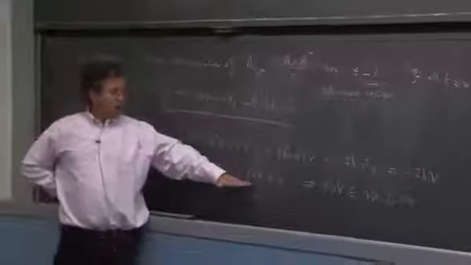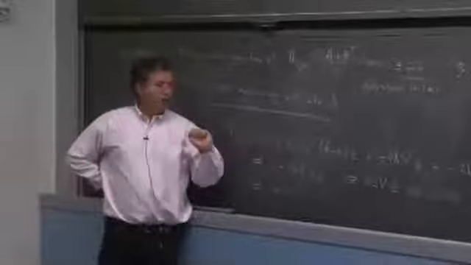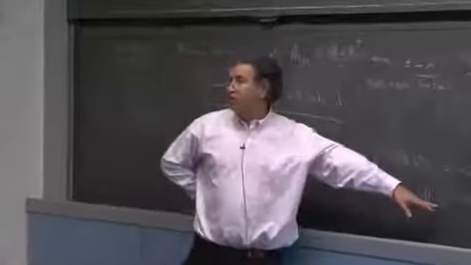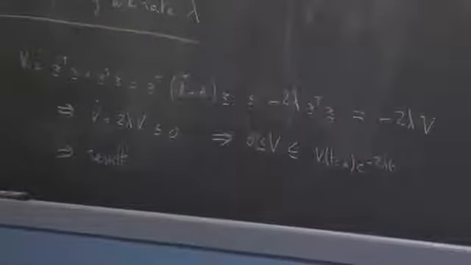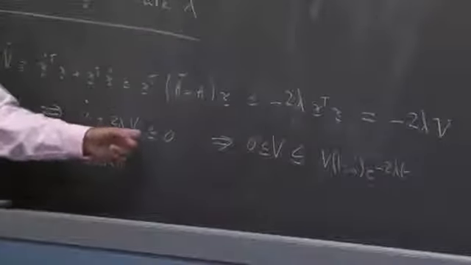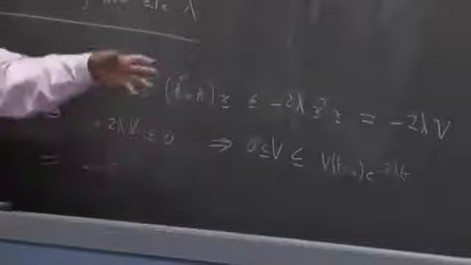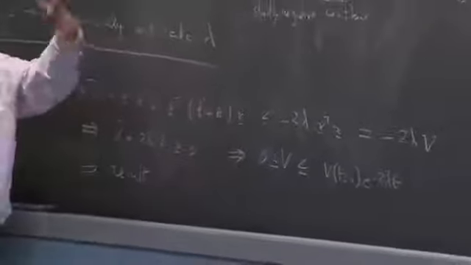Okay? So just a quick remark about this, right? We said we have this equation V dot plus 2 lambda V less than or equal to 0. Therefore, V is less than V(0) e to the minus 2 lambda t. Of course, if we had equality, we could say V is equal to V(0) e to the minus lambda t.